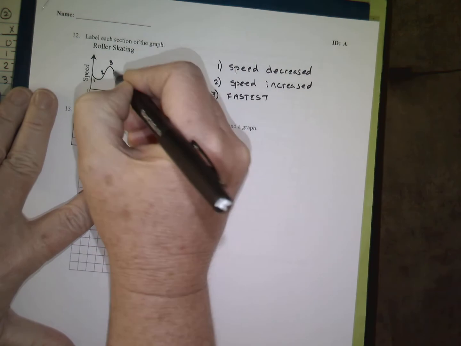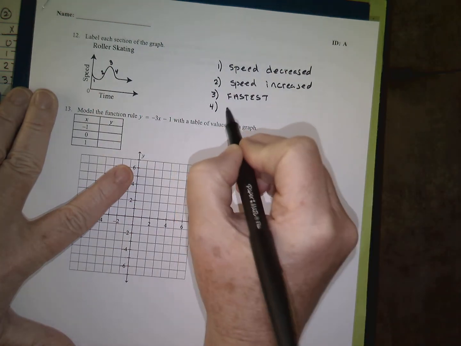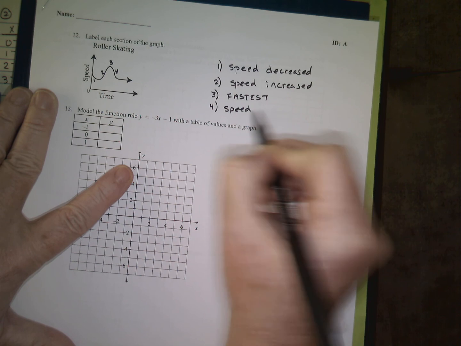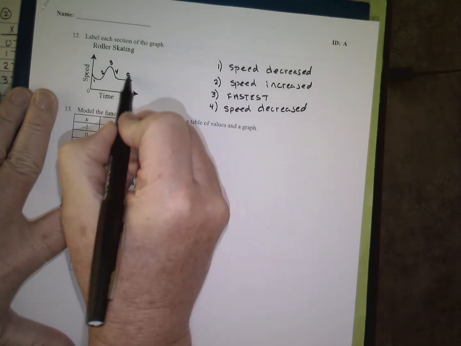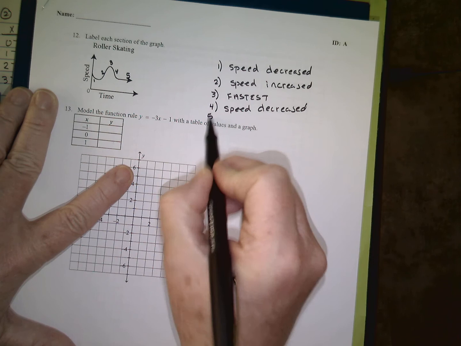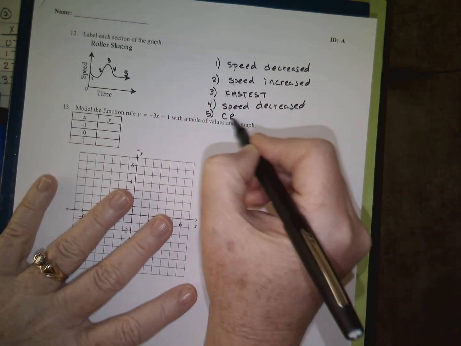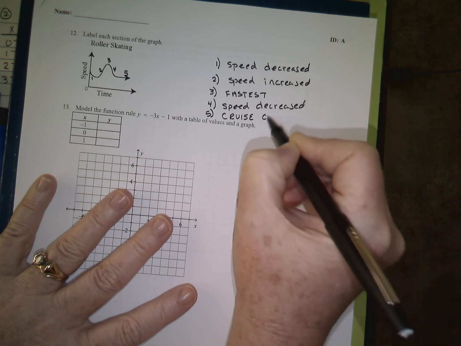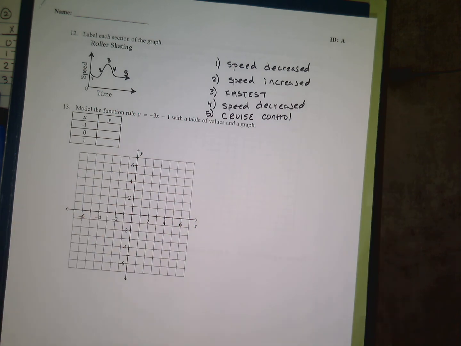Okay, now what about right here? Okay, the speed decreased. What about section 5? It looks flat, but does that mean they're stopped? Steady pace. So I'm going to put cruise control.